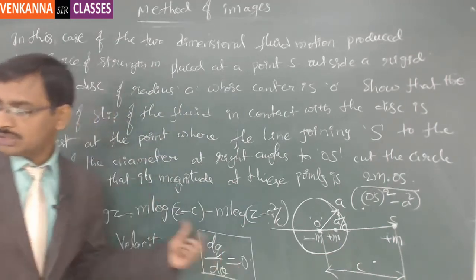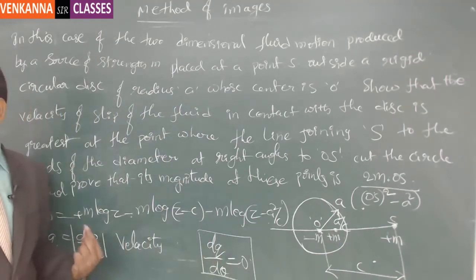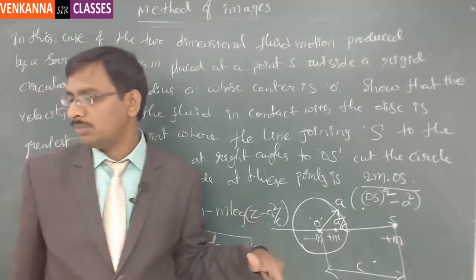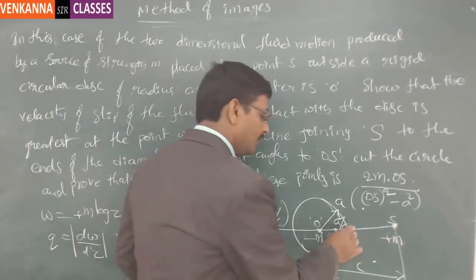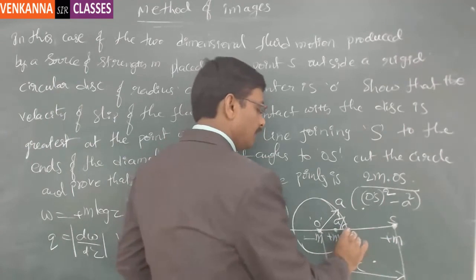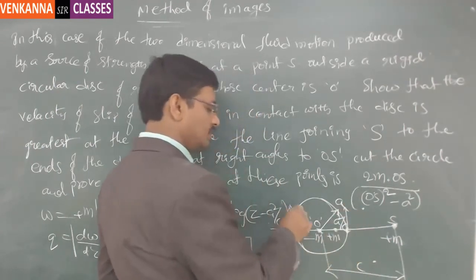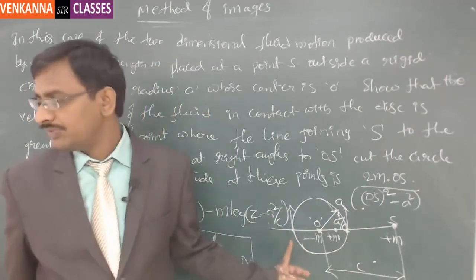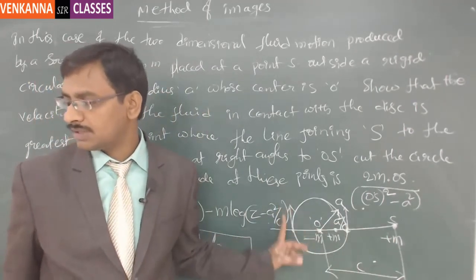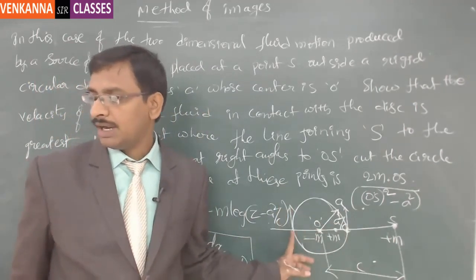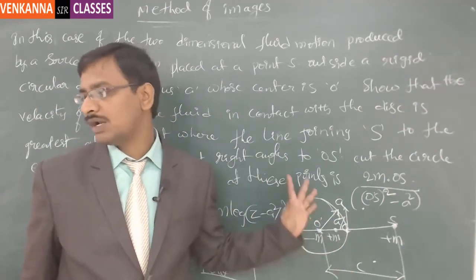Correspondingly substitute that condition in the velocity. You are going to get the velocity of the maximum point and minimum point. That point will definitely be these two locations. Here the velocity will be perpendicular to the line joining OS. It may be this direction or the downward direction, but at this point you are going to get the maximum velocity.